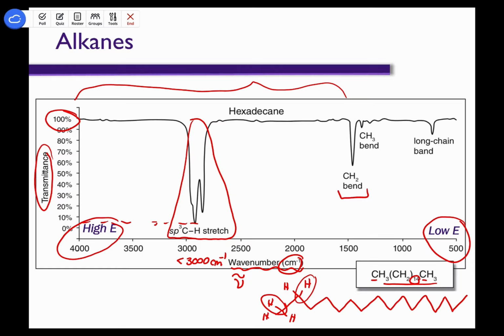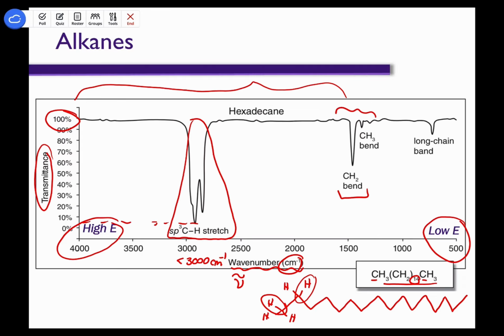Remember how we talked about bond stretches, but we also have some bond bends? This is a bend that's happening with the CH2 group. These ones are in the fingerprint region, so moving forward, it's going to be difficult to identify those bends. But because we have this peak, just less than 3000 wave numbers, we know we have an alkane.